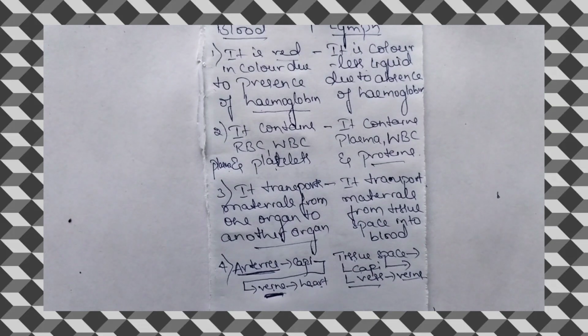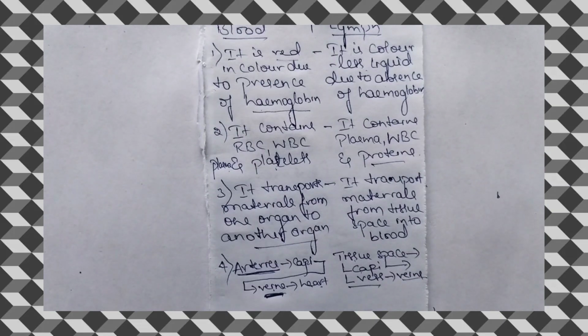So this is about the fourth part of the circulatory system, that is called lymph, and by this we have successfully completed the transportation in human beings. In the next video we are going to study transportation in plants, that is two types of tissues: xylem and phloem. Xylem is a water conducting tissue, phloem is a food conducting tissue.